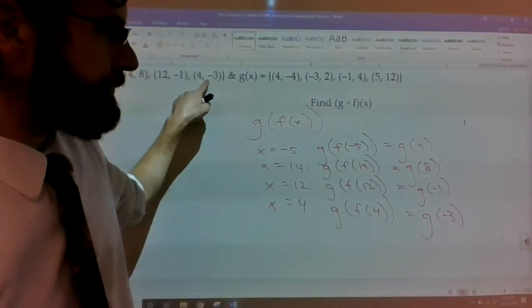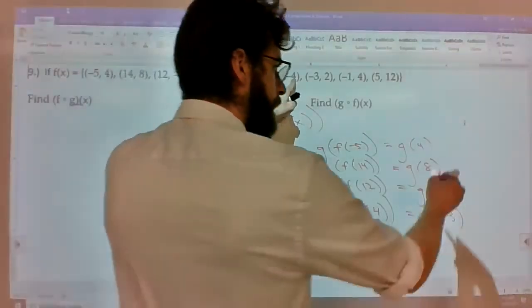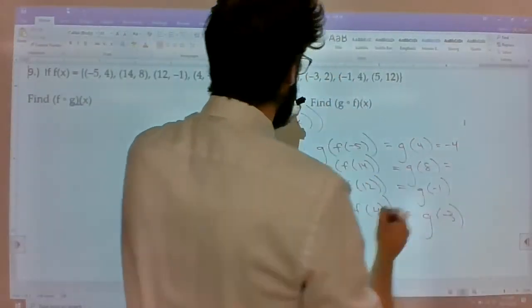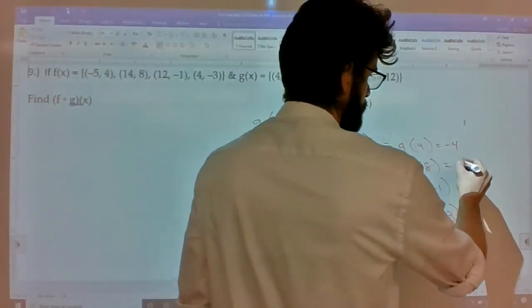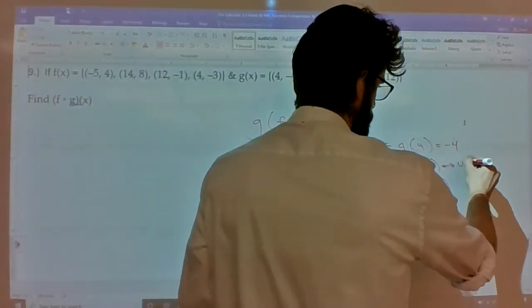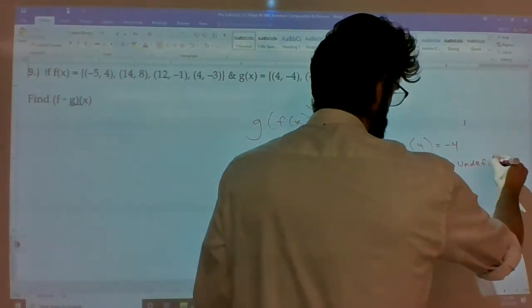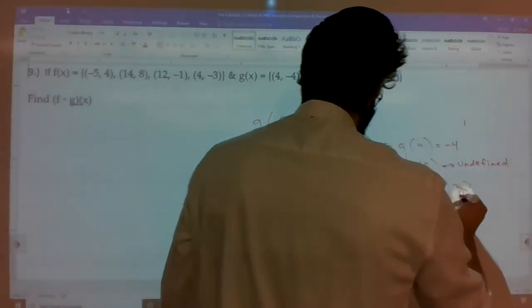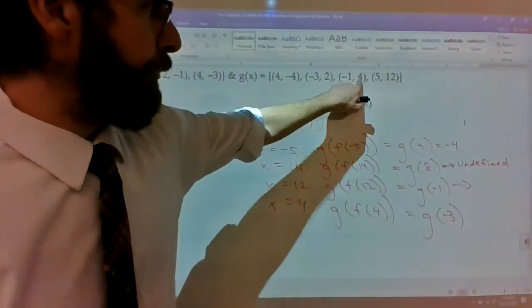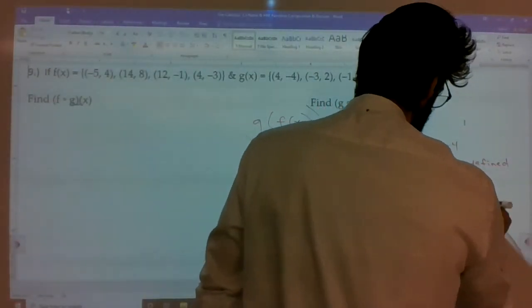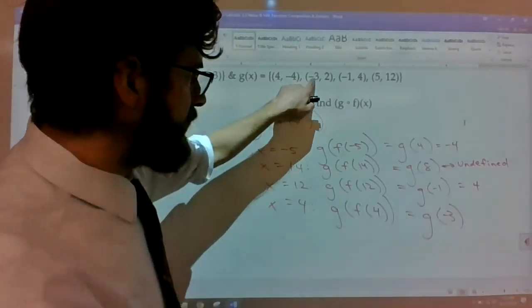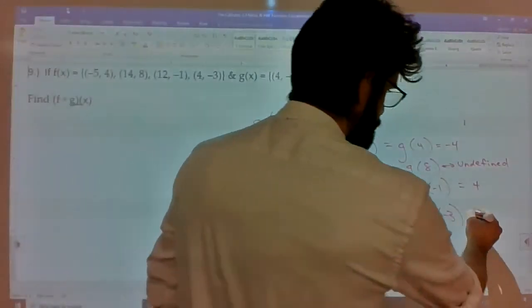So let's check it out. G of 4 is -4. G of 8, undefined. G of -1, ooh, got it, 4. G of -3 is 2.